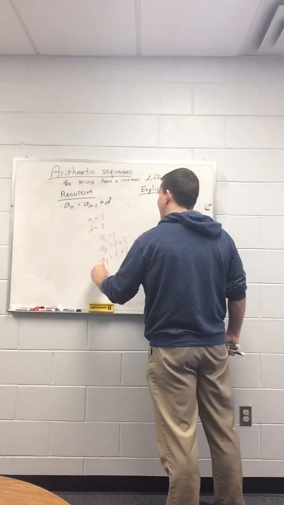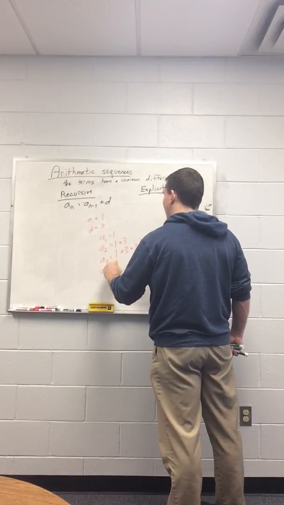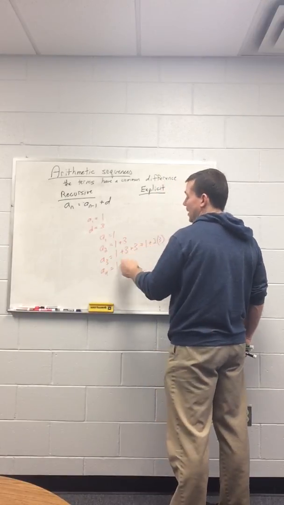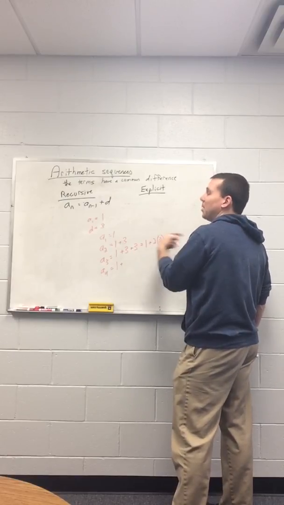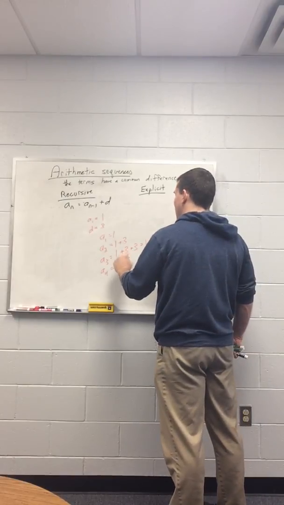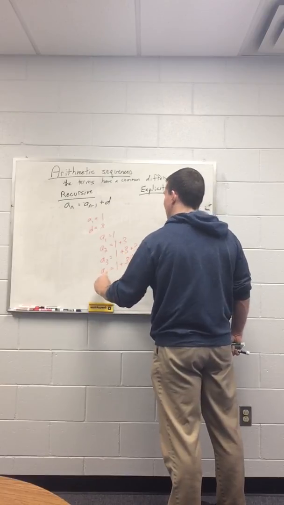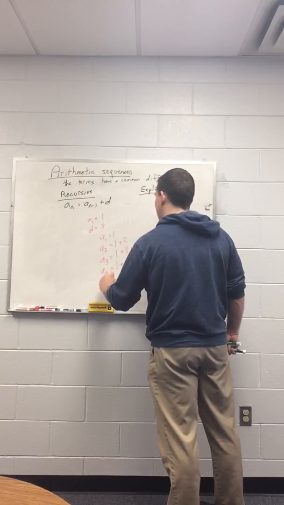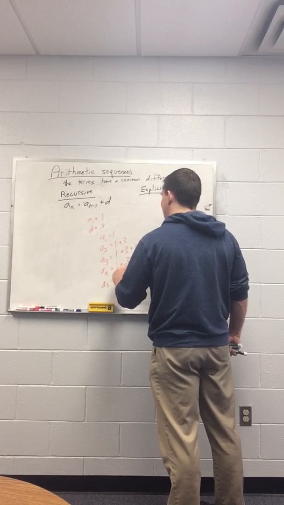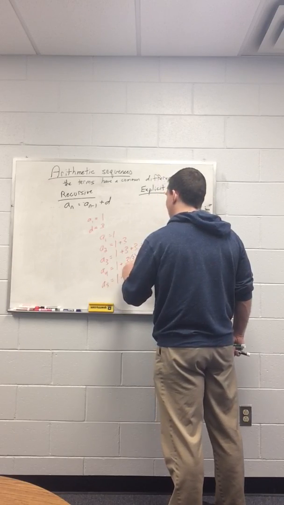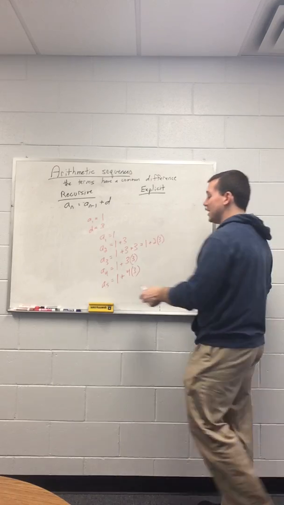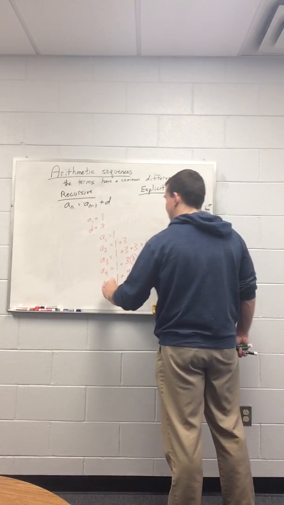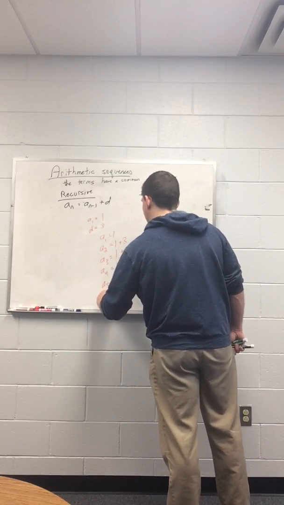If we find a sub 4, the same pattern will repeat. We'll get 1 plus 3 plus 3, the previous term, plus 3 again, which is 1 plus 3 times 3. And I'm assuming the pattern is obvious now. A sub 5 is 1 plus 4 times 3. If you then generalize that, what would a sub n be?